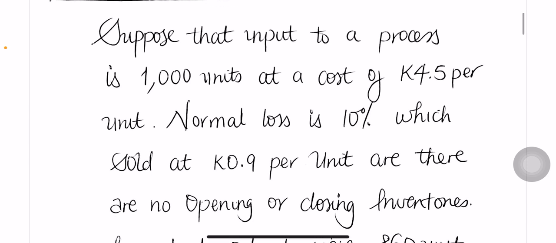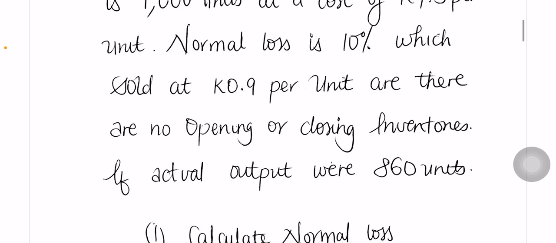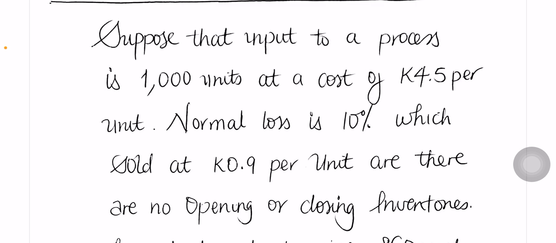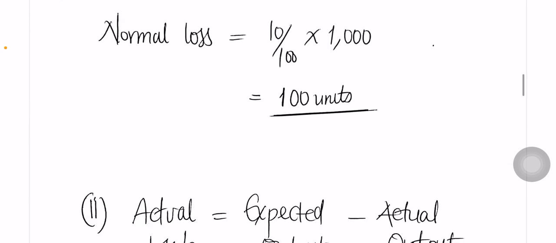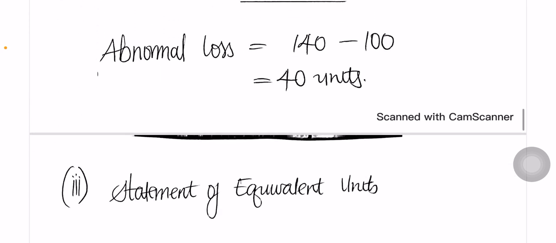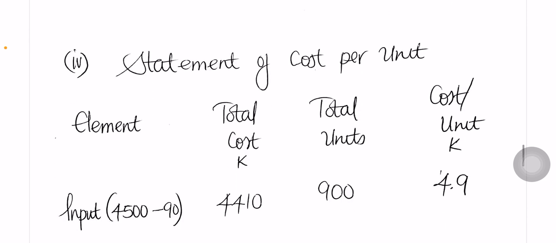The next sentence says, normal loss is 10%. We've done 10% of 1,000, getting 100 units. So 100 units can be sold at 0.9 kwacha. 0.9 per unit, that's 0.9 times 100 units normal loss, giving us 90 kwacha. So the value of input material is 4,500. The value of normal loss is 90 kwacha. As per rule, we have to subtract the value of normal loss from the cost of input material.